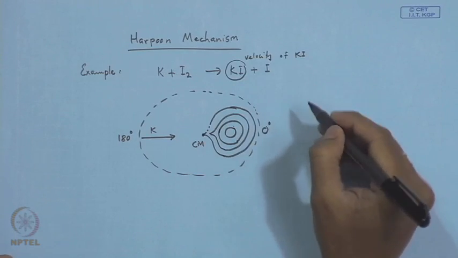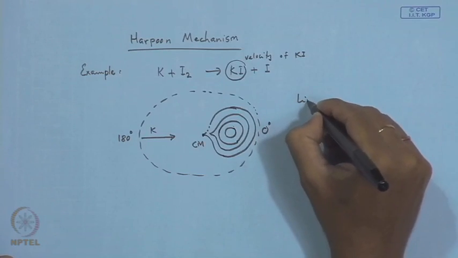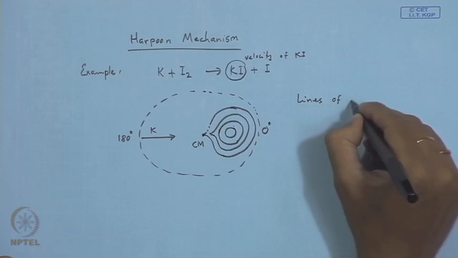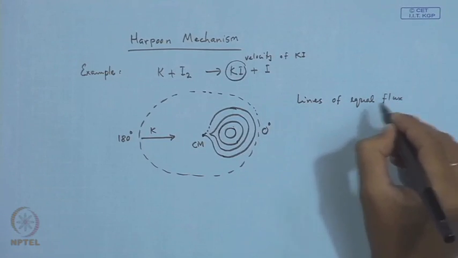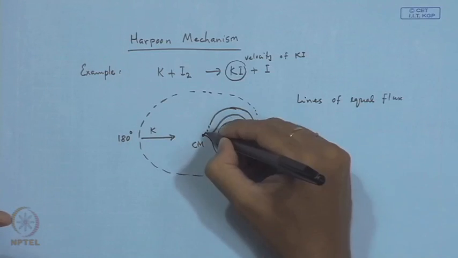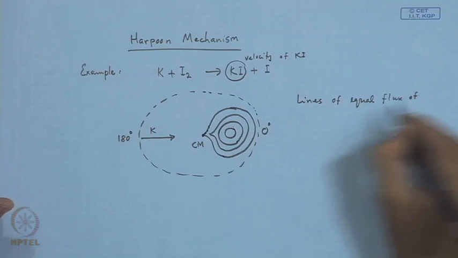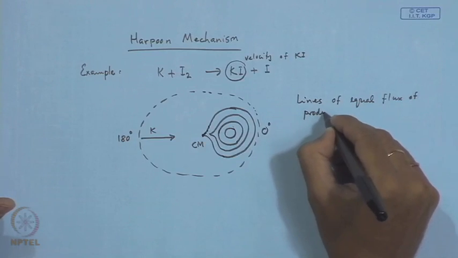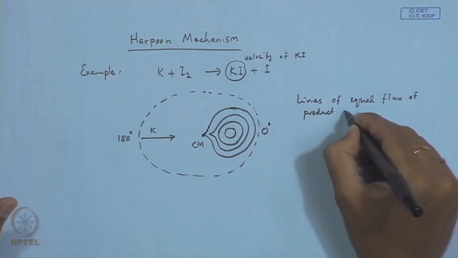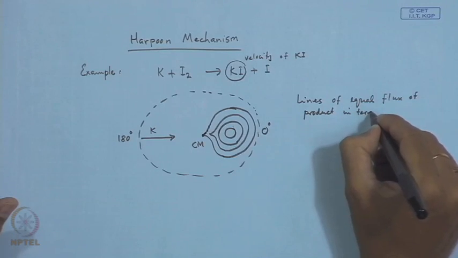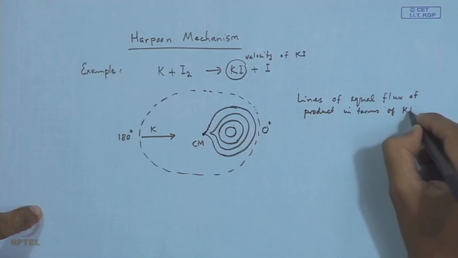So, this contour represents lines of equal flux of product, that is, equal flux lines are joined, equal flux of product in terms of KI velocity, potassium iodide velocity.